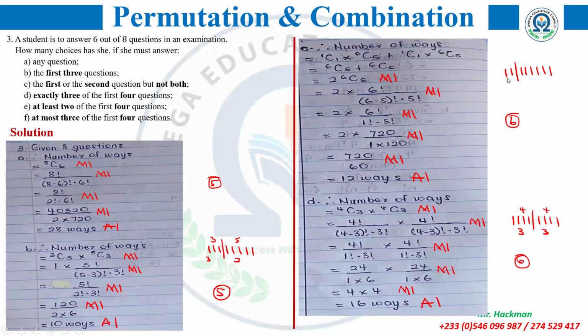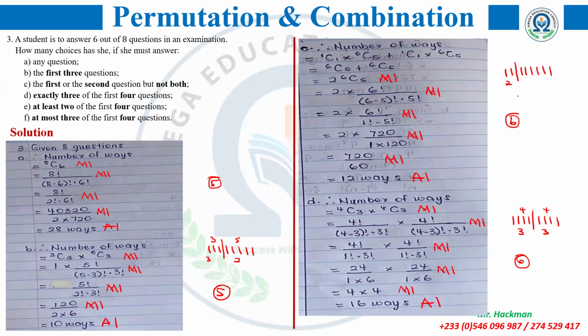If you answer question 1, you cannot answer question 2 because you can't answer both at the same time. So you have one way of selecting these two. Then if you answer question 2, though you see 2 questions here, you cannot answer one. So you have 2 ways of answering questions here.